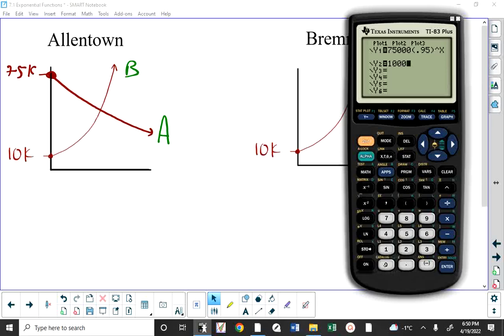Brementown is 10,000 times 1.09 raised to the x. Looking at the graph on your screen to the left, our y values have to go up to at least 75,000. So in my window setting, I'm going to go from 0 to 75,000 for y, and I'll go up by increments of 10,000.